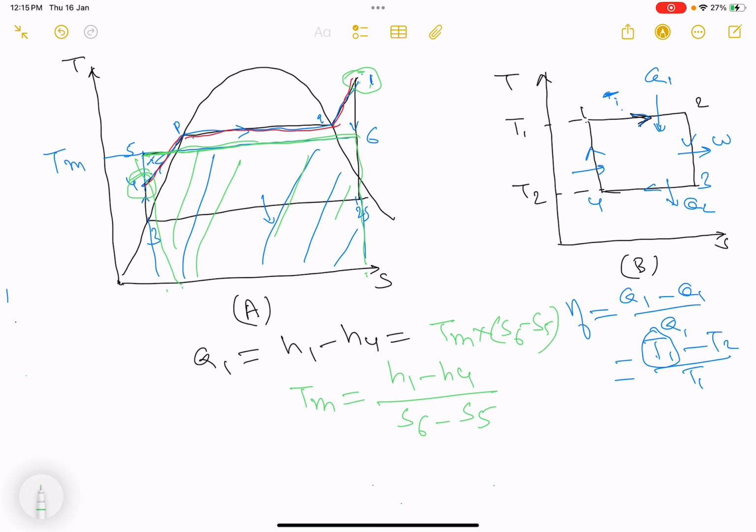So find these enthalpies. H1 minus H4 is the heat transfer, upon the entropy at point 1 and the entropy at point 4.